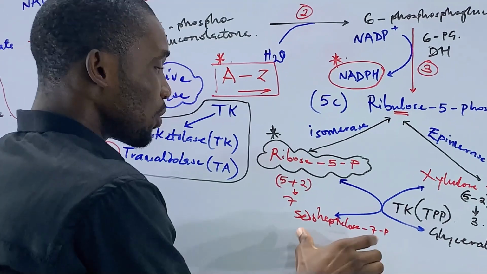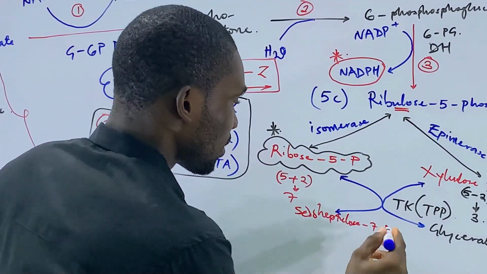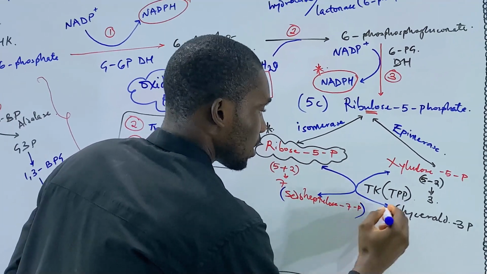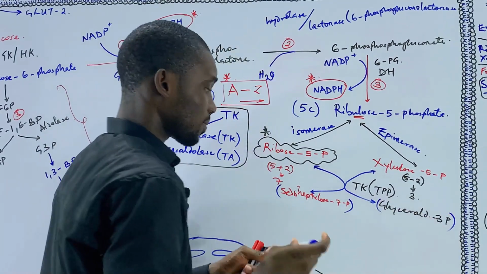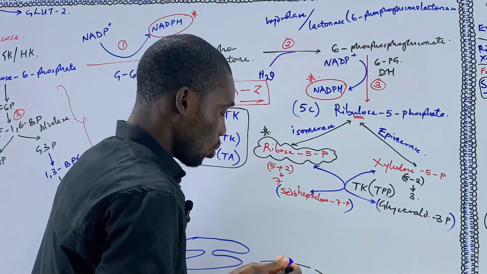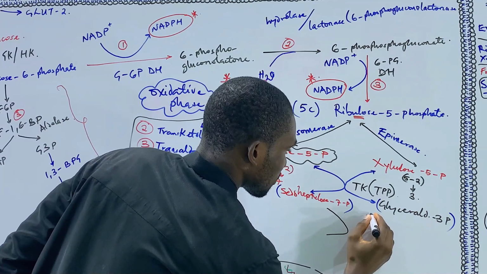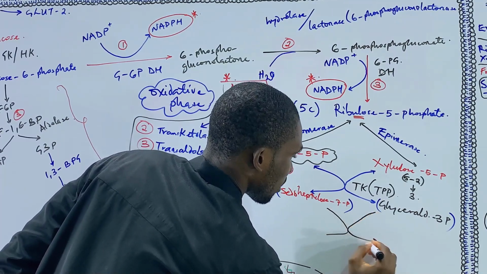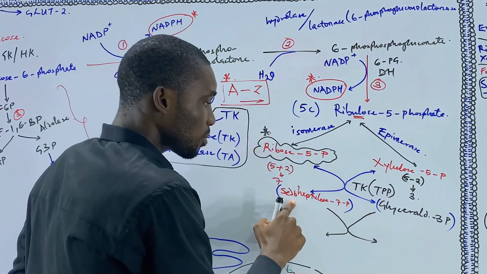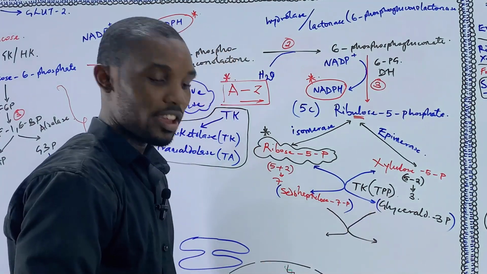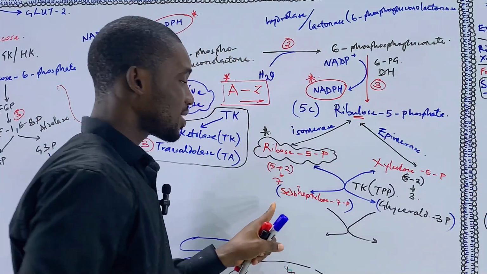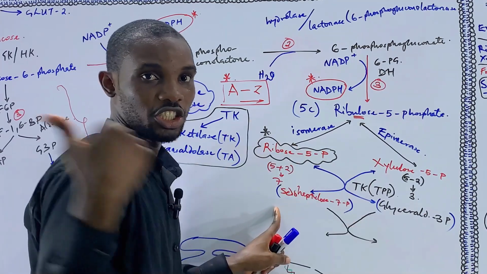Cool. Now, between sedoheptulose 7 phosphate and glyceraldehyde 3 phosphate, these two would now undergo the next set of reactions. Between sedoheptulose and glyceraldehyde, which is higher or which is far back is sedoheptulose. S comes after G, right?